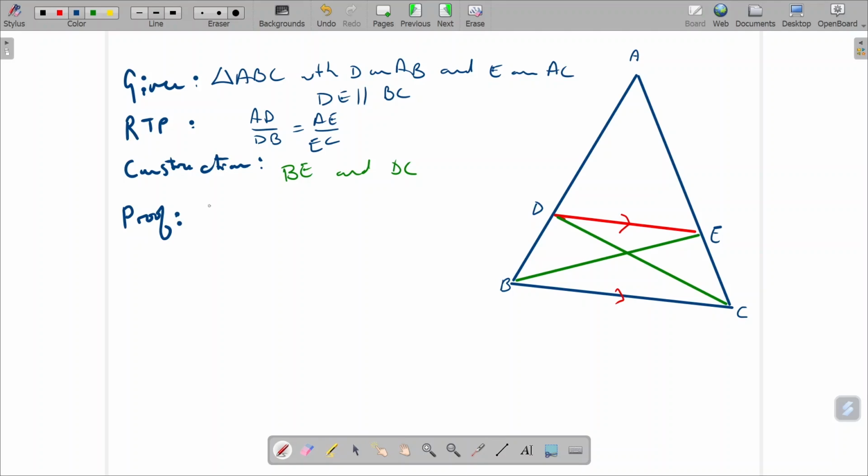So triangle DEB, its area is equal to the area of triangle DEC. They lie on the same base and they lie between the same parallel lines. So same base, same height.